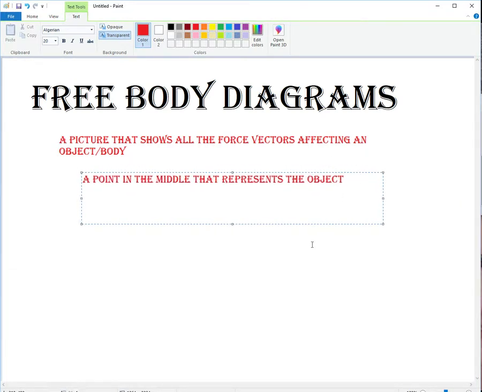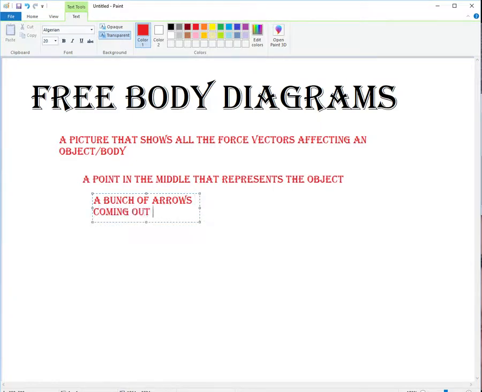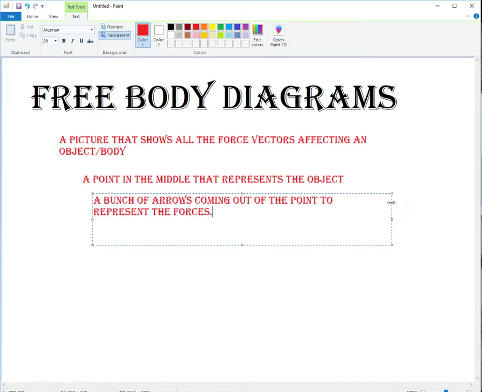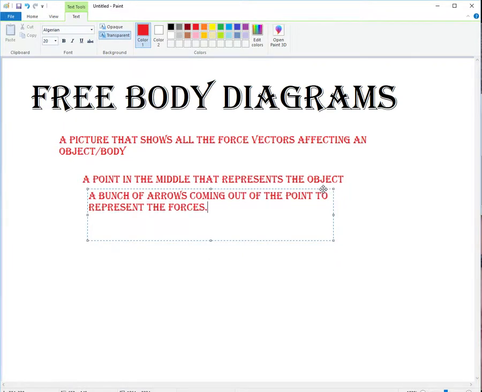And then coming out of that point, you would have a bunch of arrows coming out to represent all the forces that are affecting that object or body.